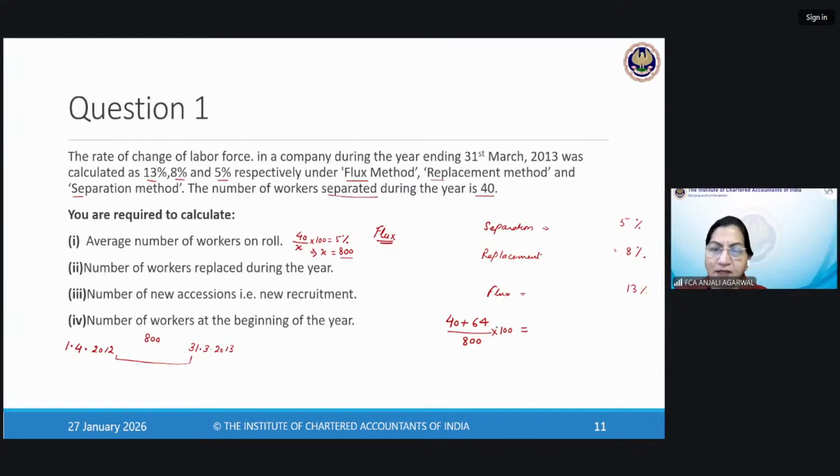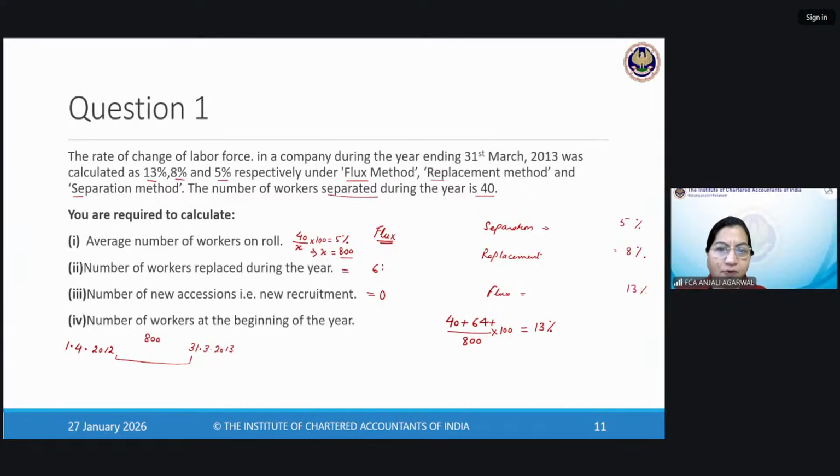This is 104 on 800, which is 13%, right? If there would have been new accession, so if I would have added something else, this would have gone beyond 13%. Only then it would have been possible that there is a new accession. So how many new recruitment? It's 0.